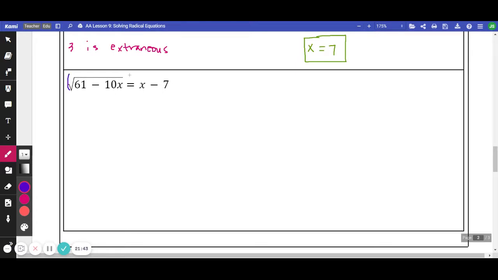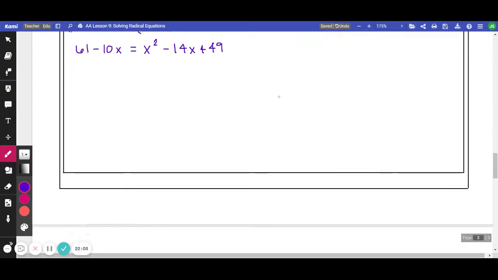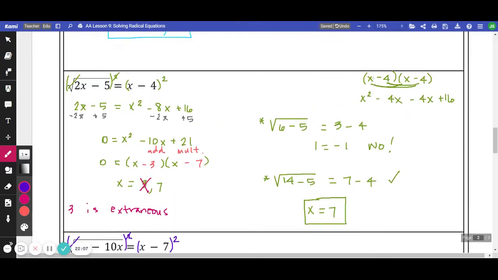Okay, so I'm going to square both sides to get rid of the square root. 61 minus 10x equals, on this side, x squared minus 14x plus 49. And I got that by, you would have to do 2 of them like this and distribute it out.